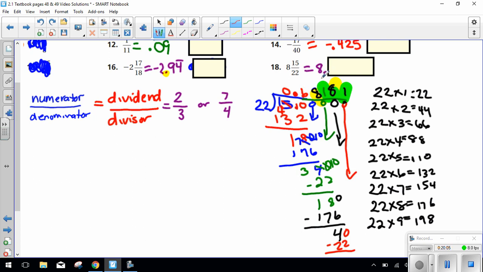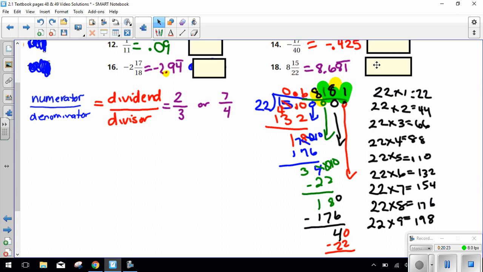Now instead of writing 15 over 22, I'm going to have these decimal numbers written in place of it. So it's going to be 0.681 with the bar over the 81.